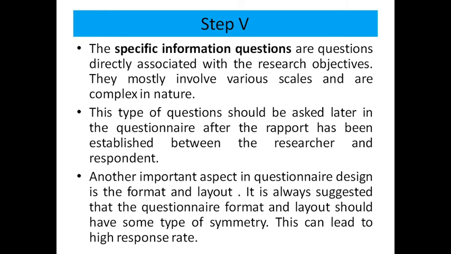There are various other skills that I will deal with in the tutorial on item writing. This type of question should be asked later in the questionnaire, after rapport has been established between the researcher and respondent. So by this time, the respondent can place some trust in the researcher.